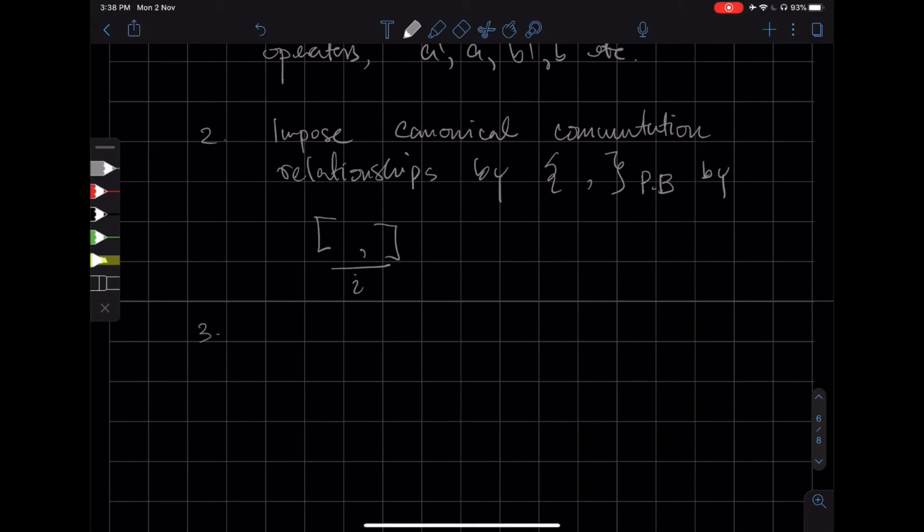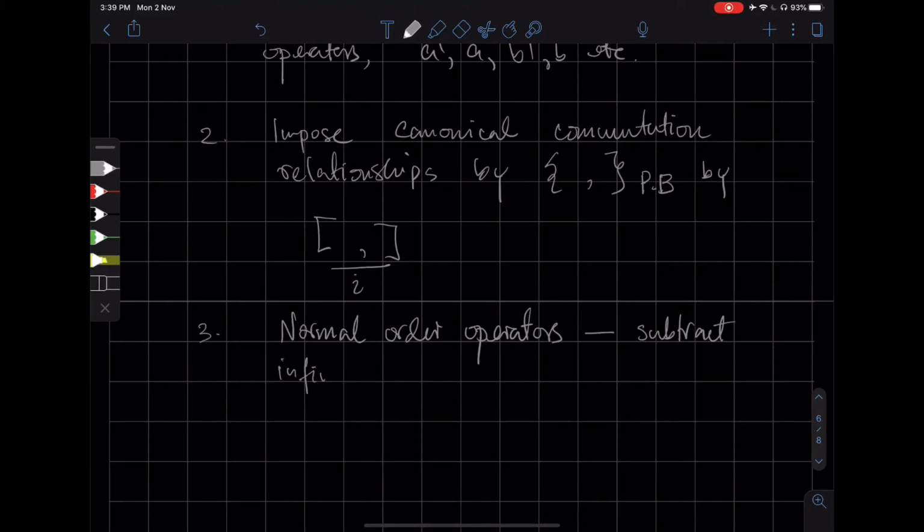We also normal order our operators, and thereby we subtract some infinite vacuum energy.